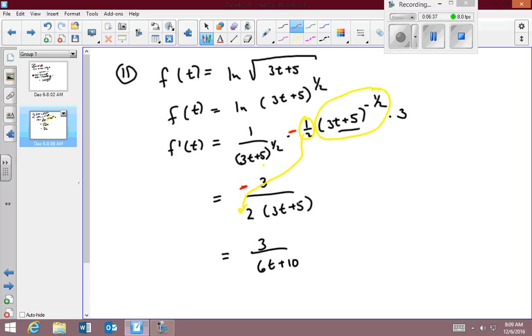No, that's just a plain plus. I had it right, because you're taking the derivative of this thing right here. And when you take the derivative, that's a positive 1/2, and then you reduce the exponent by 1. I think it's right.